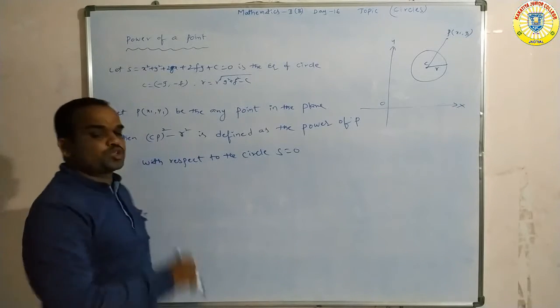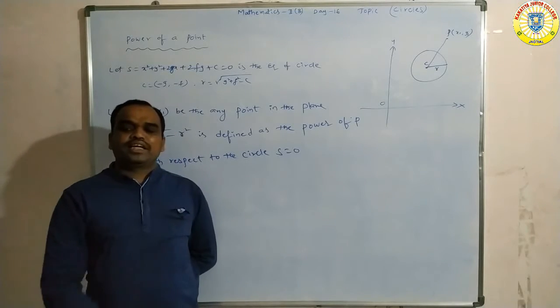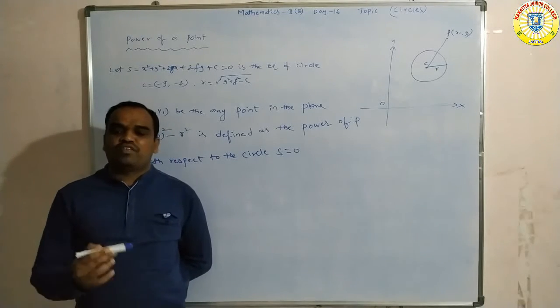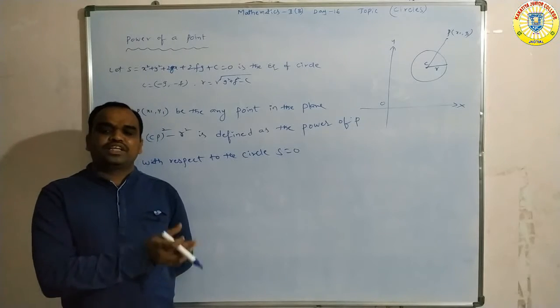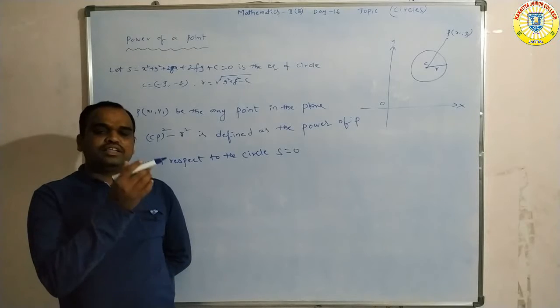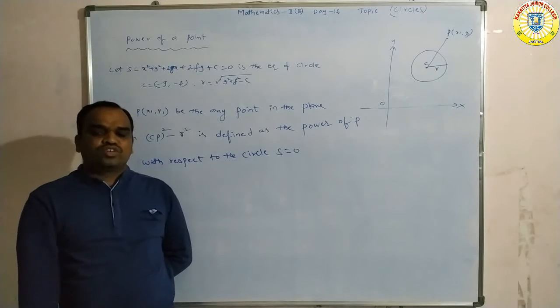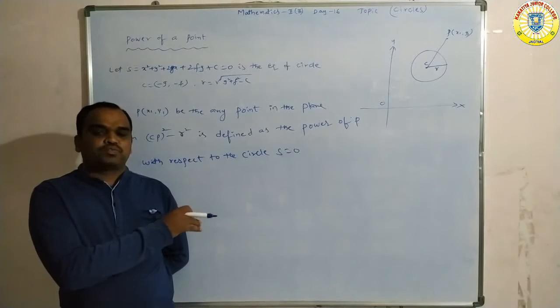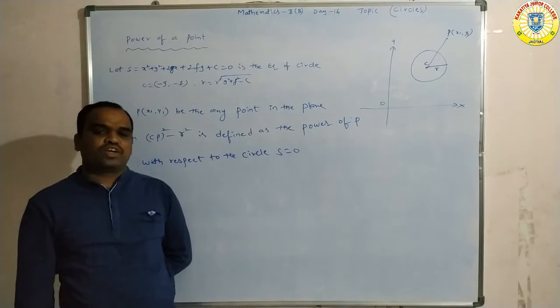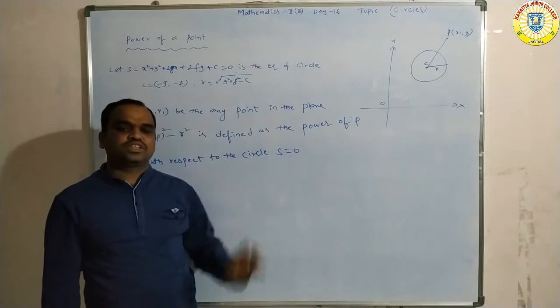Why are we using this power of P? Suppose the point P of x1 comma y1 lies in the interior of the circle, or on the circle, or in the exterior of the circle. We can find the power of P with respect to the circle S equal to 0.